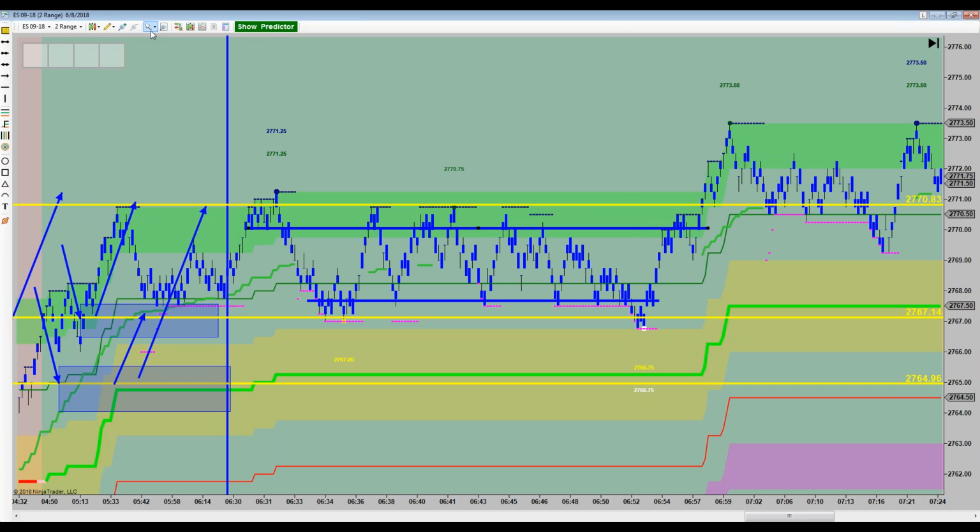Markets don't always, as you can see here, come exactly to the swing level. Sometimes they go a little bit above it. Sometimes they go a little bit below it, right? So if you put buy orders down here to get long right at this level, maybe you got in on that one, maybe you definitely got in on that one, but all these ones that didn't quite hit it, you didn't get.